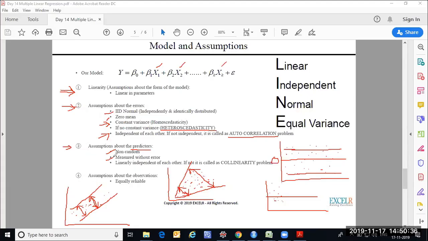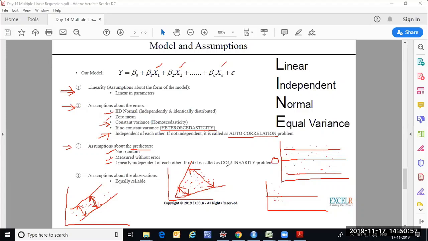Now, coming to the third assumption of predictors, they should be linearly independent of each other. They should be linear in the first place, and they should be independent of each other. If they're not independent, then it is also a problem that you need to deal with.